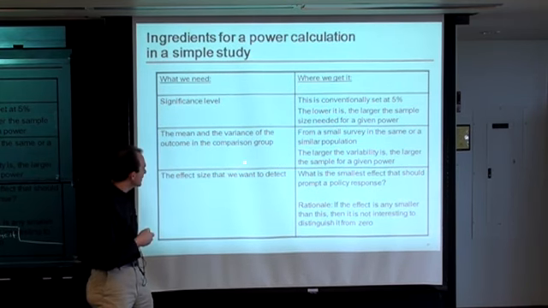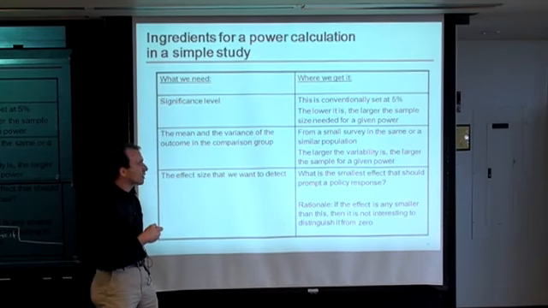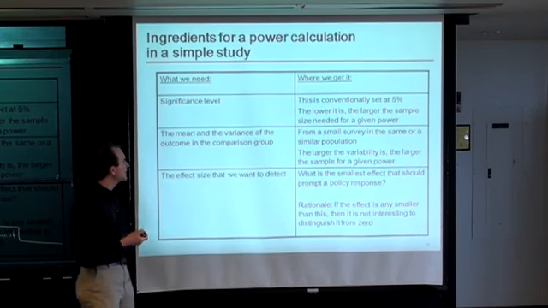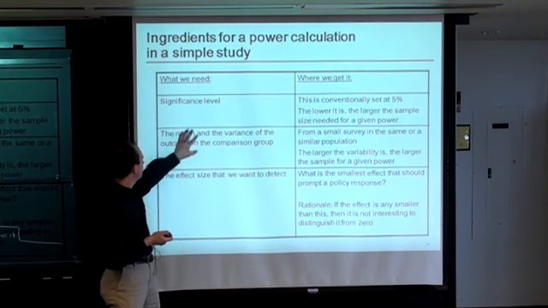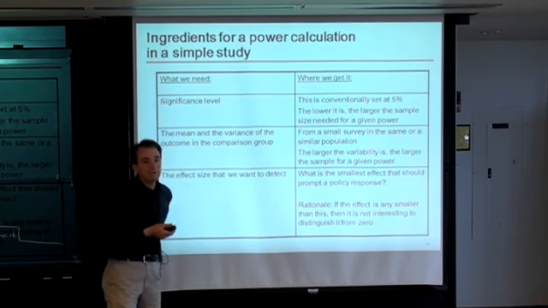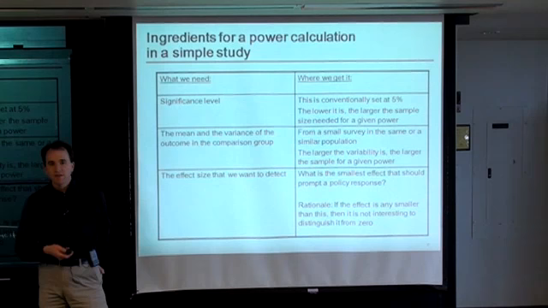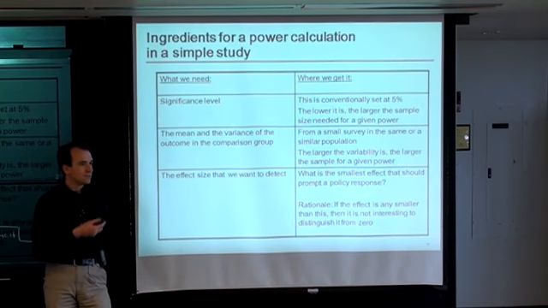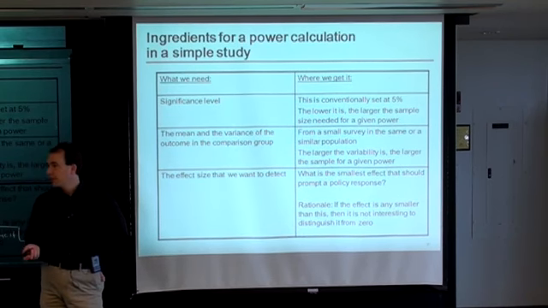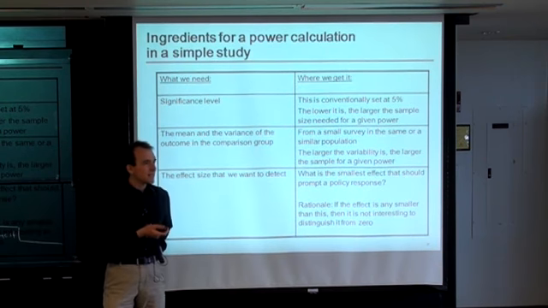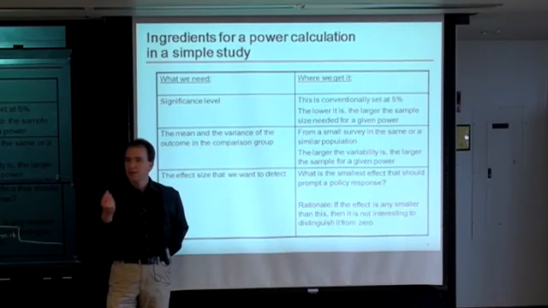Now, how do we get this? This one we just kind of conventionally set. This one we have to get somewhere. We usually have to get it from some other survey. So we have to find someone who has collected data in a similar population, or sometimes we'll go and collect data ourselves in that same population, just a very small survey, just to get a sense of what this variable looks like.